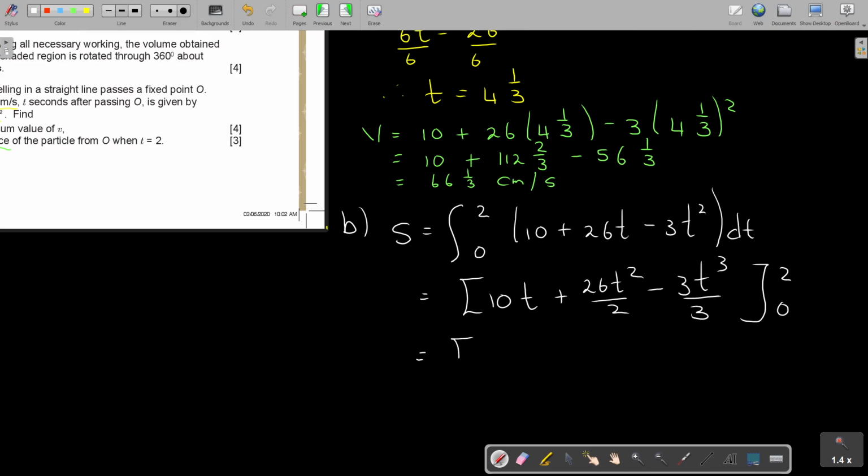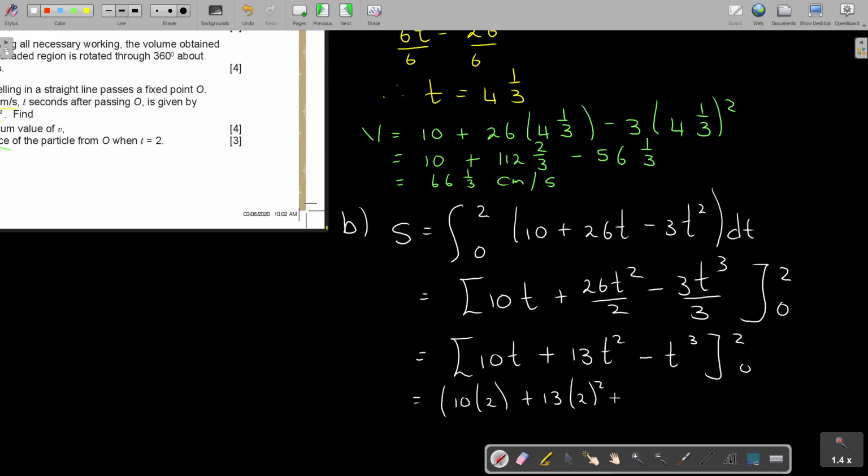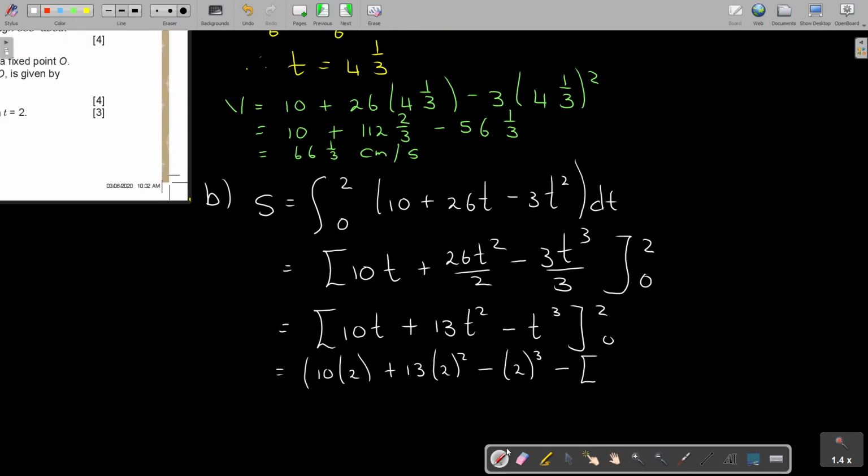So if I simplify, plus 13t squared, and that's just minus t to the power of 3. And now I just substitute. So this is going to be 10 times 2, plus 13 times 2 squared, minus 2 to the power of 3, minus bracket, and now I simplify.